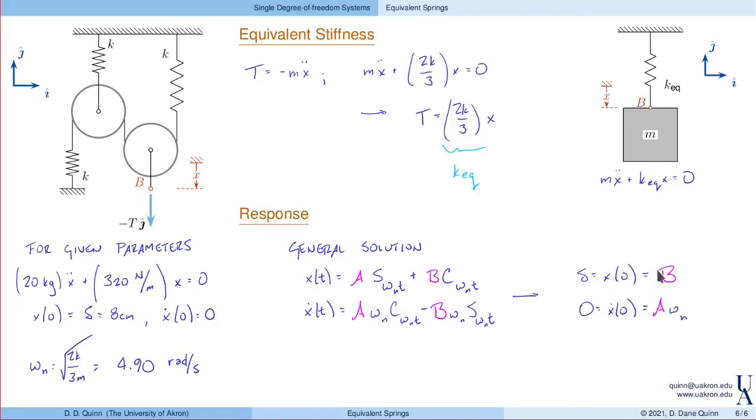So now I have two equations: B is equal to delta and A omega n is equal to 0. Well, that's easy to solve for, and that gives us our general solution.